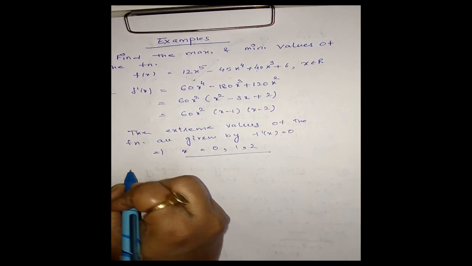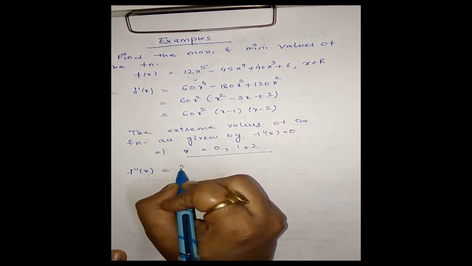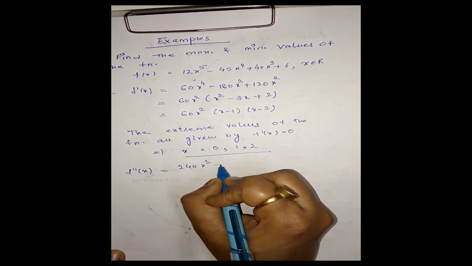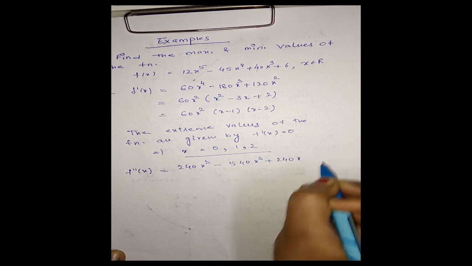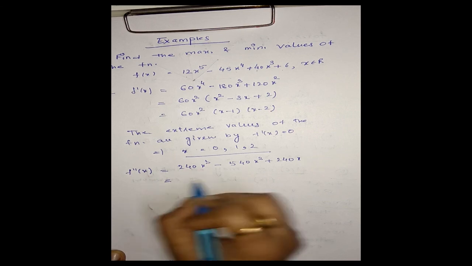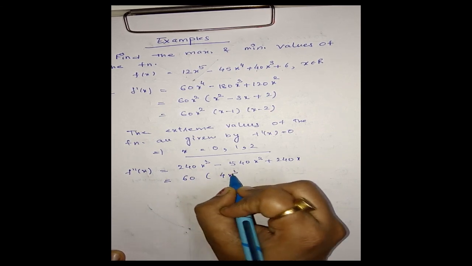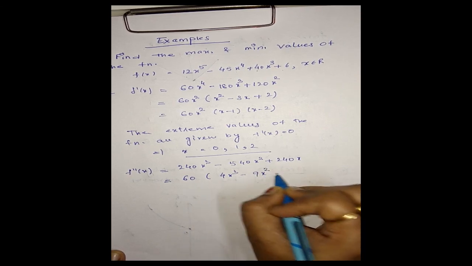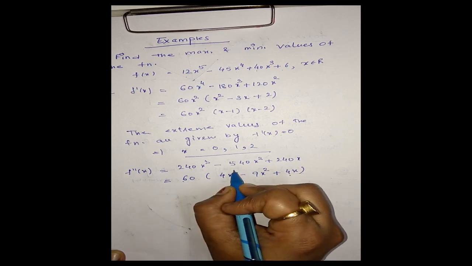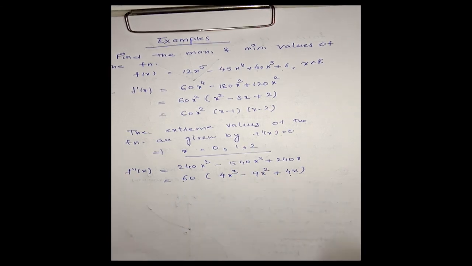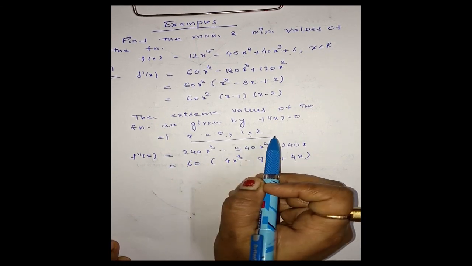Next we will find the second derivative, f double dash x, which is equal to 240x^3 - 540x^2 + 240x. Taking 60 outside, we have 4x^3 - 9x^2 + 4x. Now we will check the sign of f double dash x when x is 0, 1 and 2.